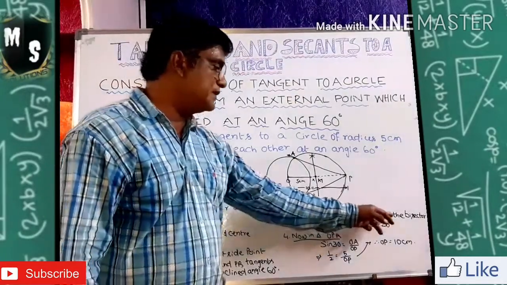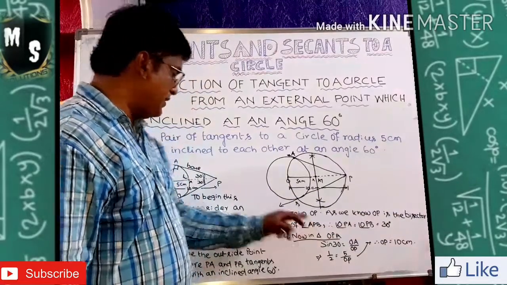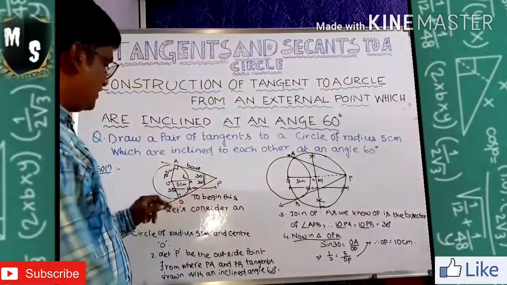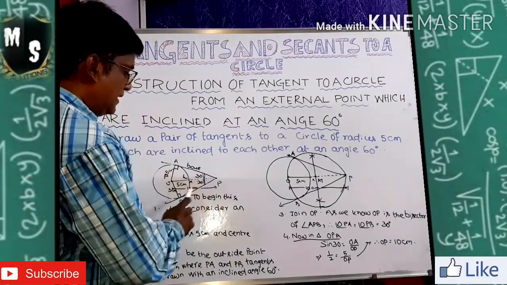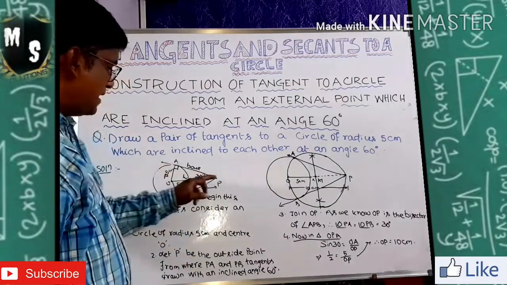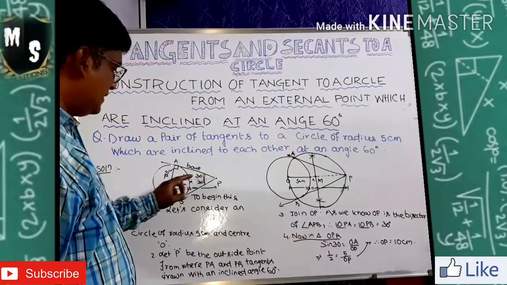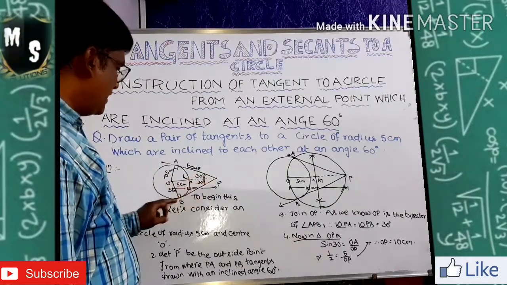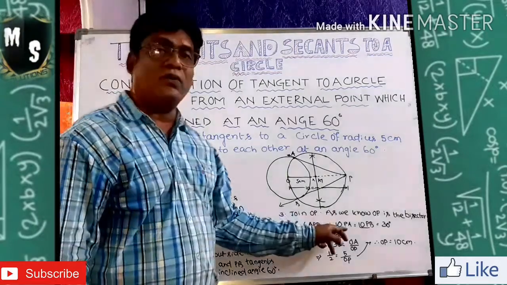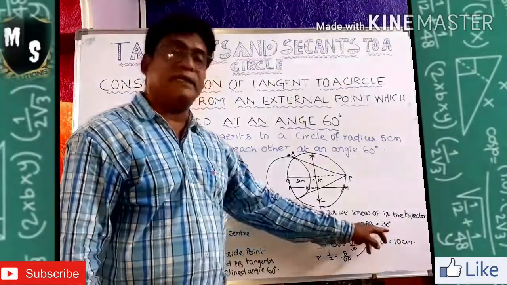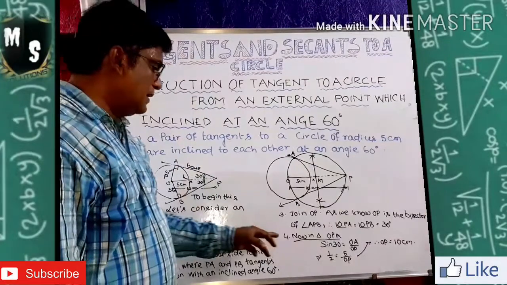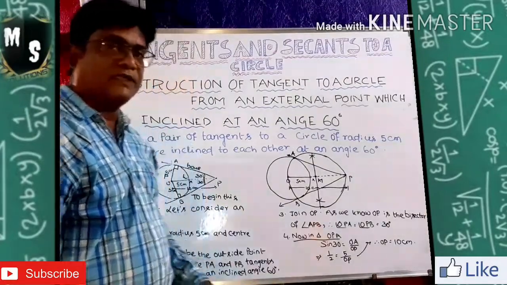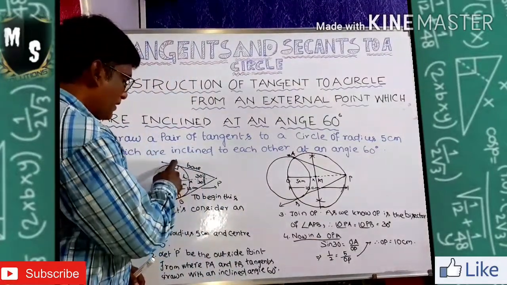As we know, OP is the bisector of angle APB. This big angle, the bisector is OP. So this small angle is 30, this angle is 30. That means angle APO is 30 degree and angle OPB is 30 degree. I wrote here angle OPA and OPB is equal to 30 degree. Now you see, in triangle OPA, please come to one triangle OPA.